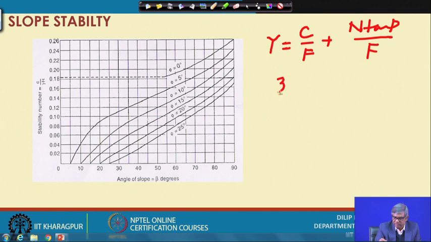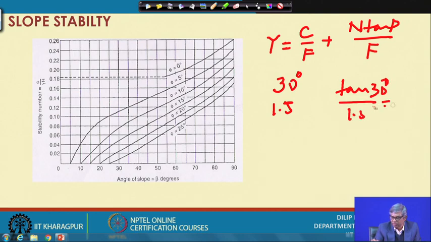Suppose phi is 30 degrees, then I take a factor of safety, suppose 1.5, and calculate tan 30 degrees divided by 1.5, and convert that value back into tan phi dash to get a phi dash value. Then I look at the table corresponding to this phi and the given angle, and finally find the stability number.